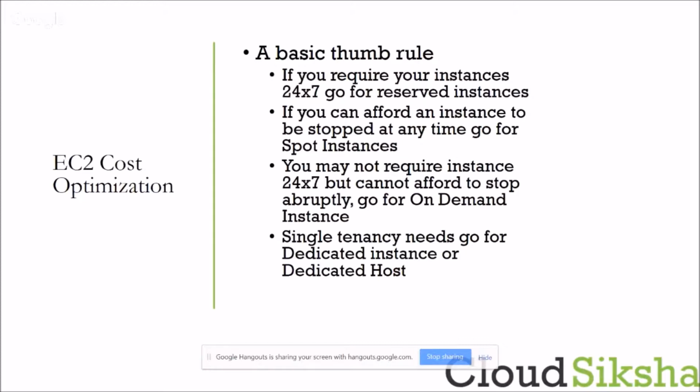In the same way, if you have something like a database, which you will definitely run as a part of your application 24/7, then it is better to go for a reserved instance because that's the cheapest you will get and you are using it 24/7. Why not go for a spot instance?